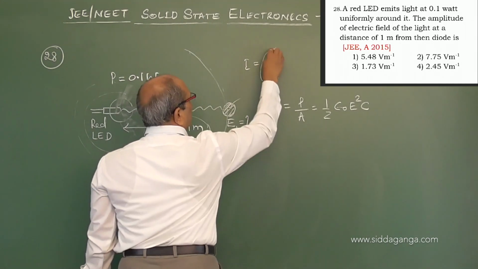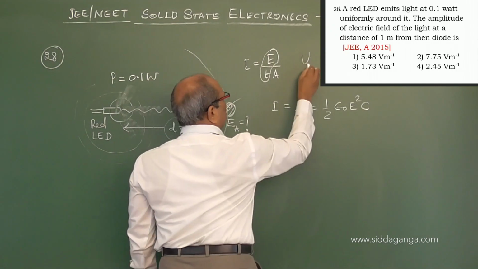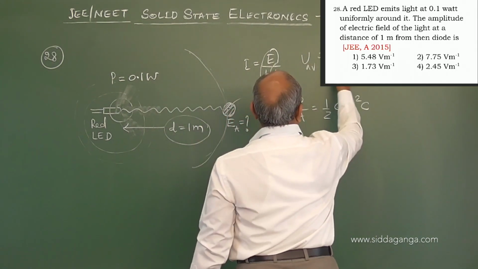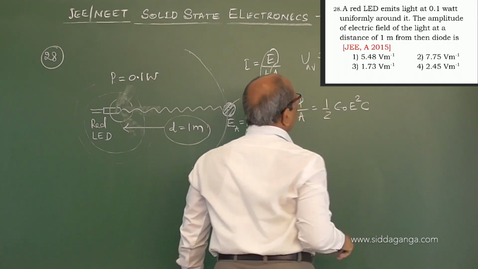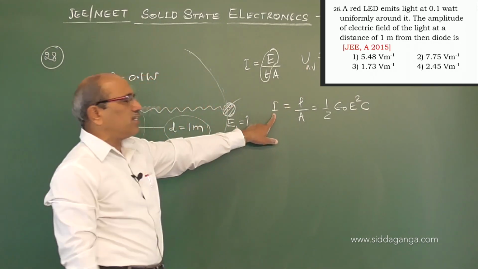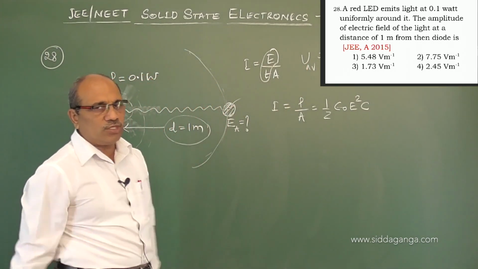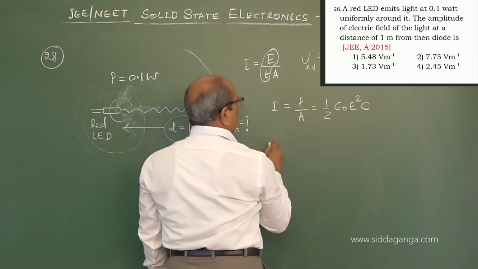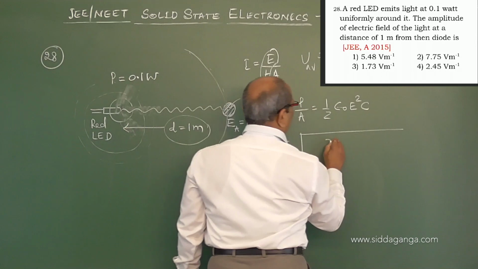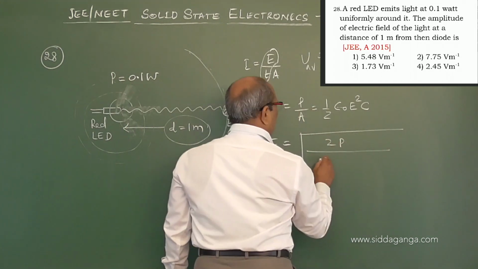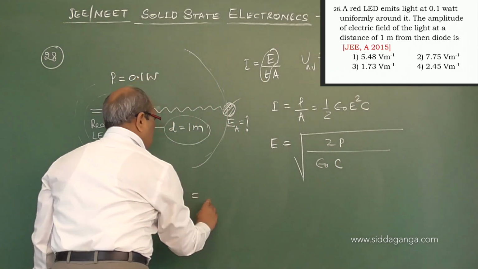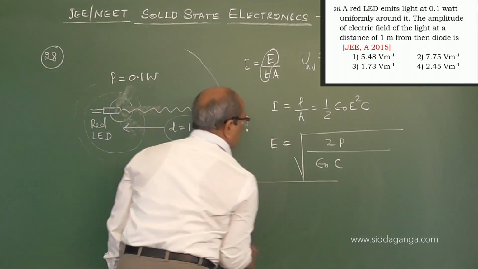The average energy carried is half epsilon naught E square. U average into speed of light gives you the intensity. We merged the two equations. Now our aim is to find the electric field amplitude, which is the square root of 2P divided by epsilon naught into C. Let us substitute and simplify.